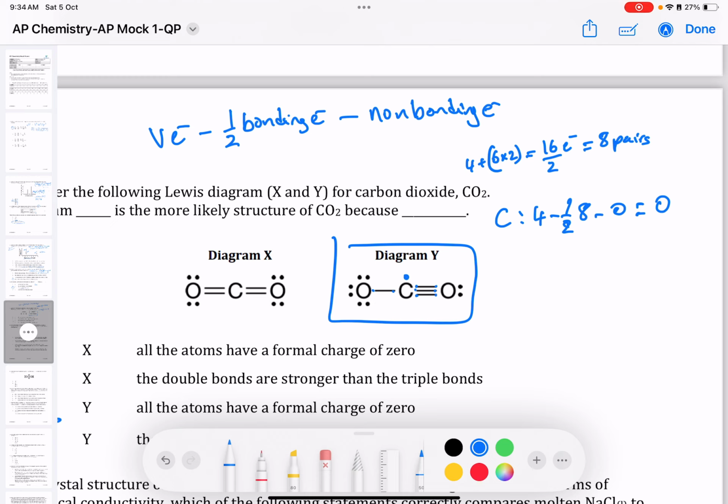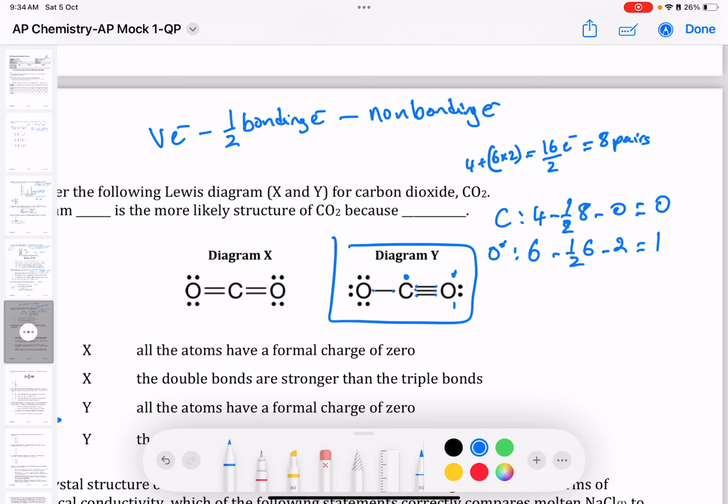Now, the formal charge of this O, so I'm going to name it O star, is equal to 6 valence electrons in O minus half the bonding, which is 6 here, minus 2 non-bonding. So that makes it 6 minus 3 minus 2 equal to 1.